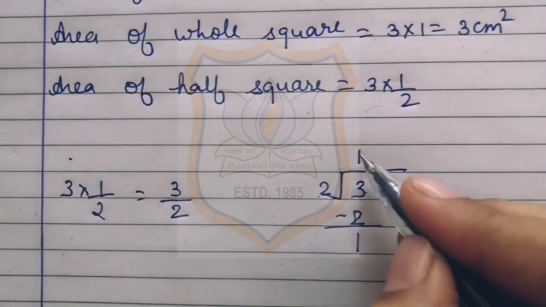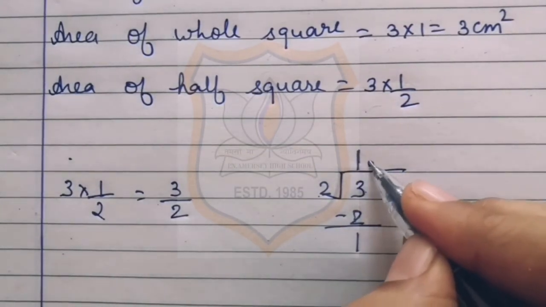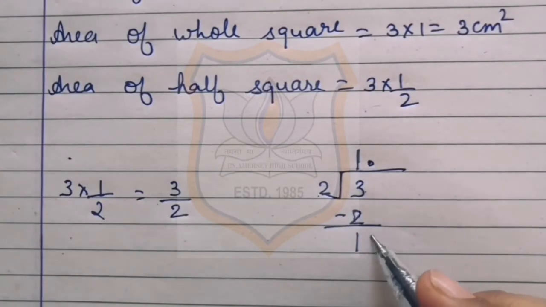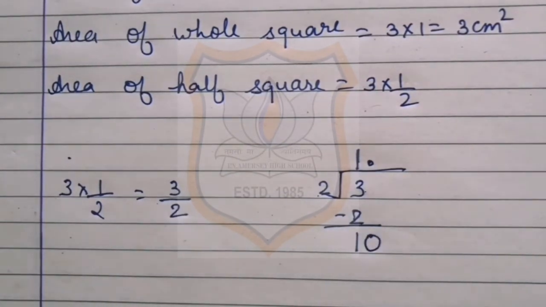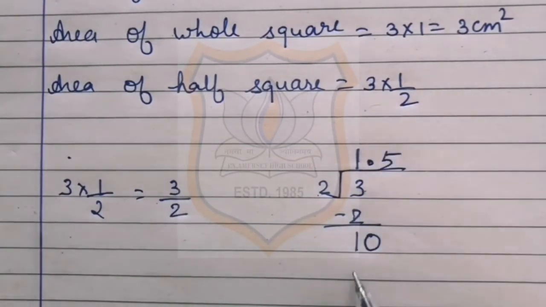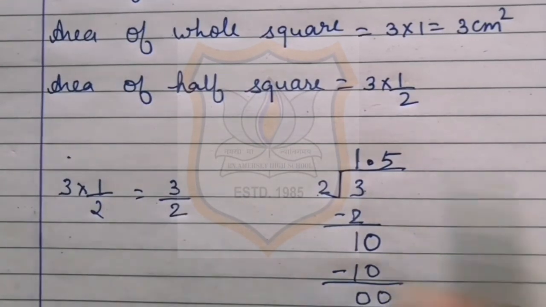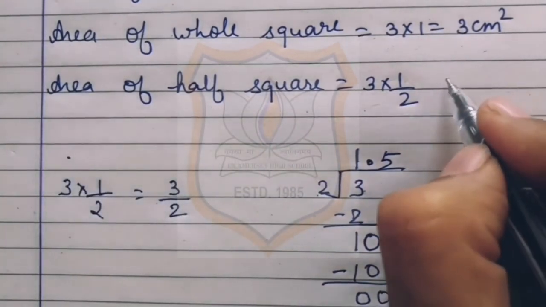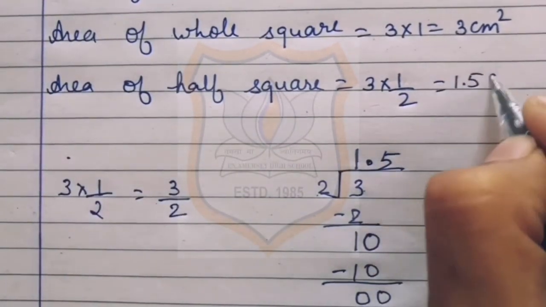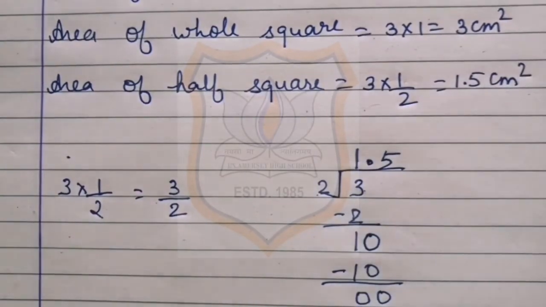So what will we do? We will put a decimal here and place a 0 over here. Now the number is 10. Now we can divide 10 by 2. 2 fives are 10. By subtracting 10 from 10 we get 0 as a remainder. So area of half square is equal to 1.5 centimeter square.